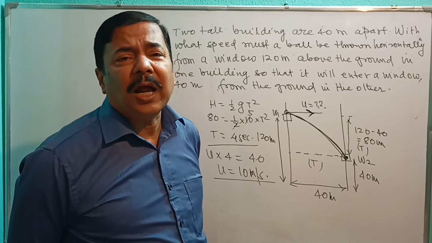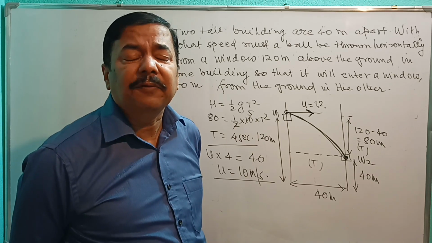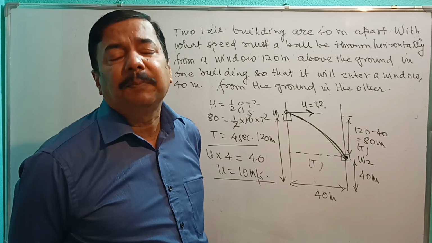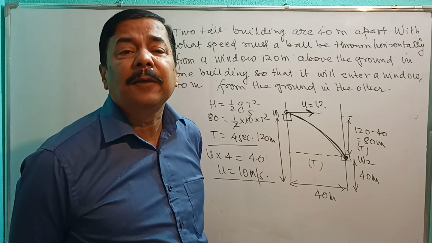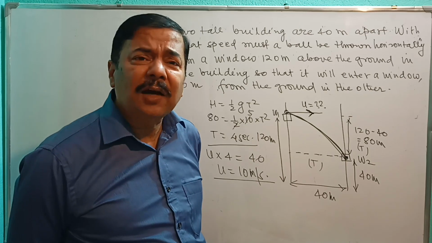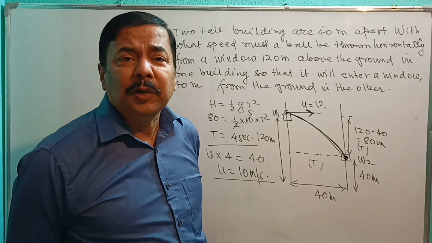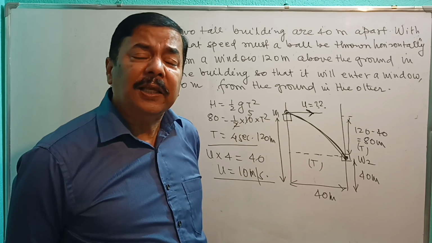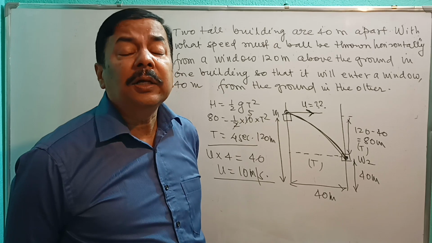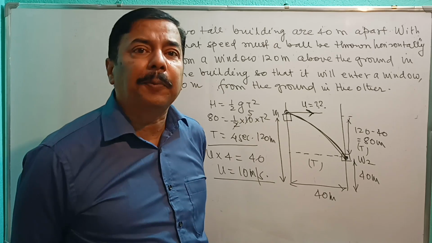So don't try to jump on the difficult questions that will create unnecessarily depression and unnecessarily feeling that you are not able to solve the questions. Start from the simplest one. Doing the simple things in a proper way will make you capable of doing difficult things also in a proper way.